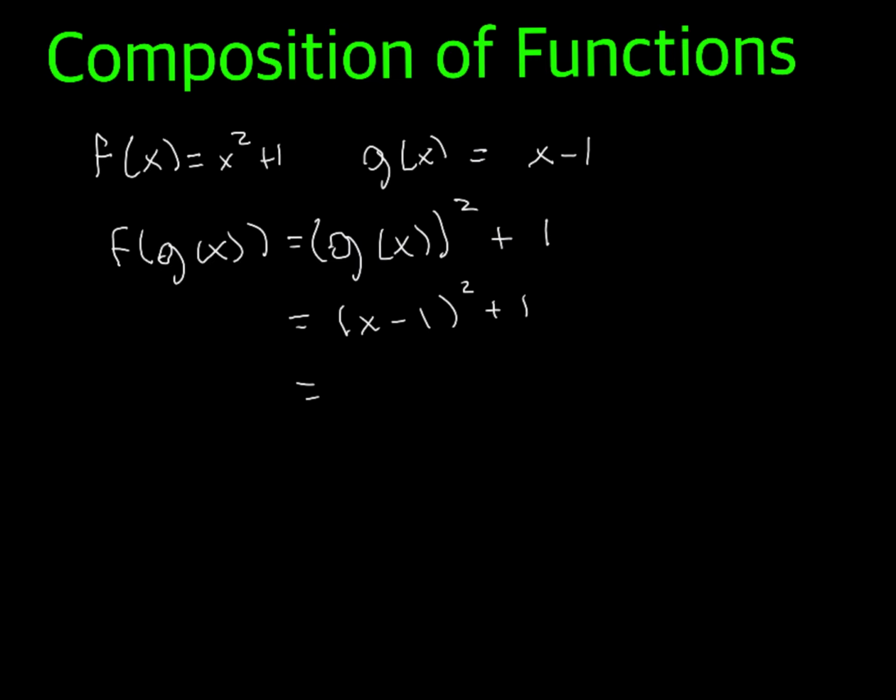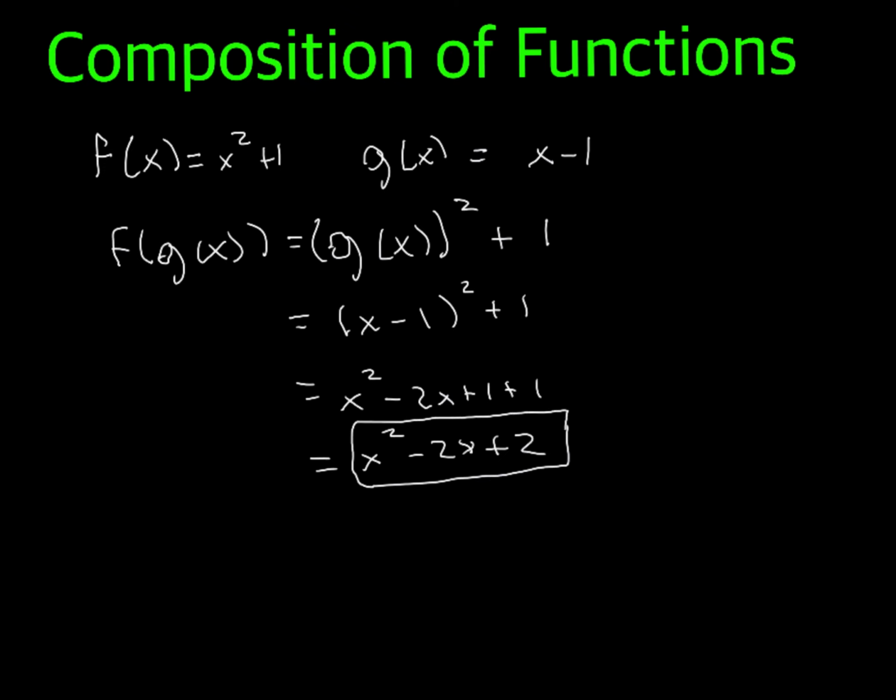And when we expand (x minus 1) squared, that's x squared minus 2x plus 1 plus 1. That's equal to x squared minus 2x plus 2. And that's our answer. Composition of functions is really just that simple.